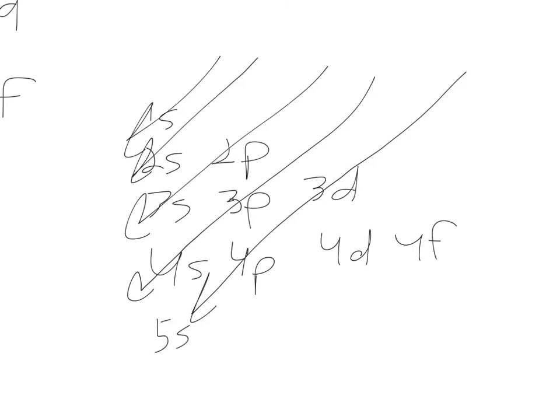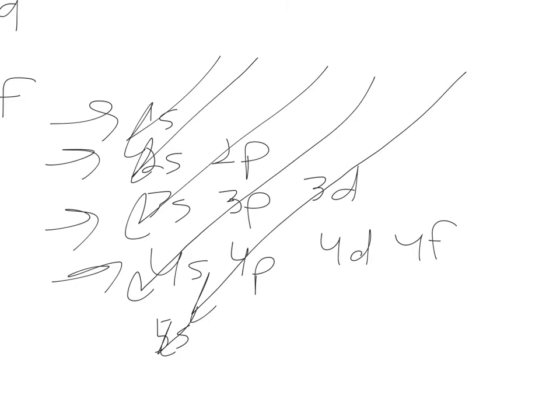And consequently 5S after that, if you keep going. Alright, so if you remember how to do this diagram, you just start at the top. There's a 1S, then there's 2, then there's 3, then there's 4, like this all the way down. You should be able to recreate this diagram when you need it.